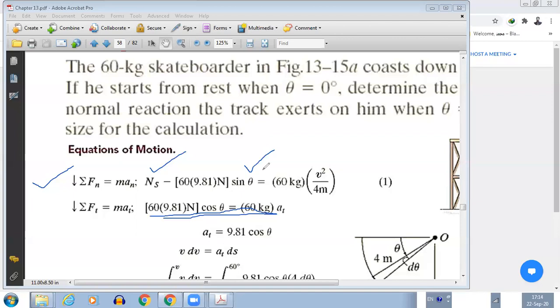Look here, we have another equation. We have AT as a function of theta. So we can use this equation in V dV equals AT ds.